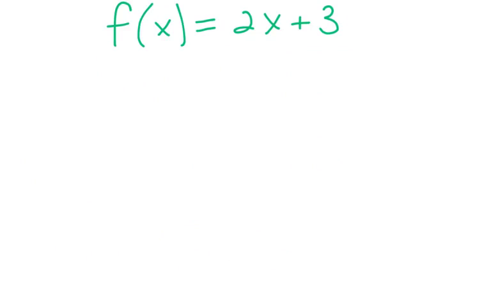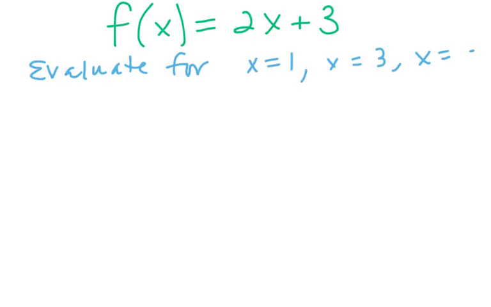Okay, so let's look at this function f of x equals 2x plus 3, and let's evaluate it for some values of x. If you are told to evaluate for x equals 1, x equals 3, and x equals negative 5, here's what that looks like.